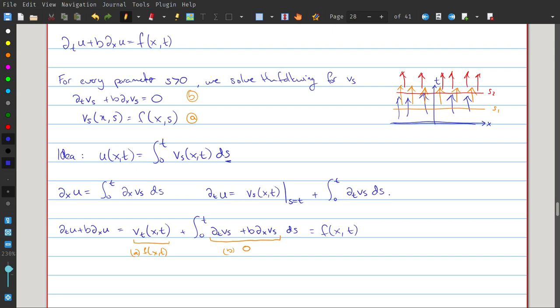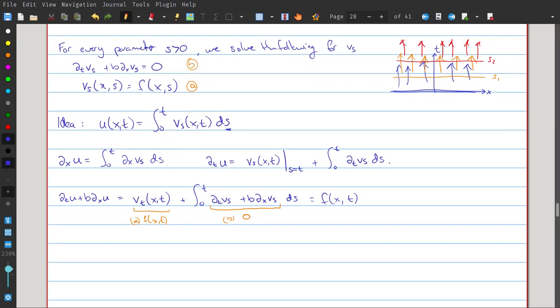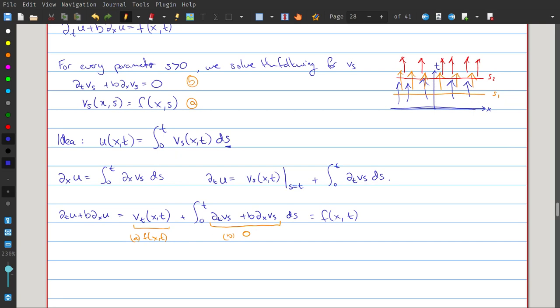And this idea applies, of course, to other partial differential equations, such as the heat equation and the wave equation. Now, this formula here isn't quite the form that you see in the script. Why is that? It's because we don't use v_s in the script.